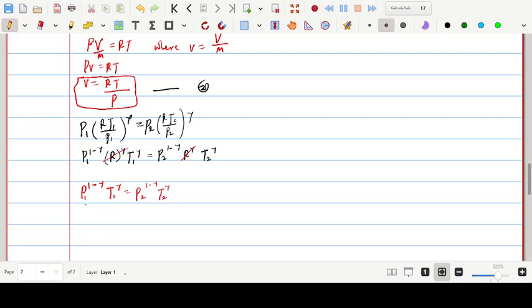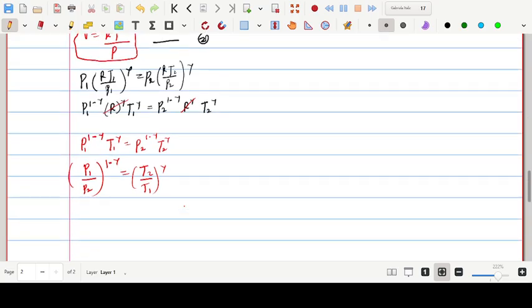Okay, let us bring them together by the like terms. I can now have P1 over P2 raised to power 1 minus gamma, isn't it? Then this one comes here, and this one will come to the other side, T2 over T1 raised to power gamma.